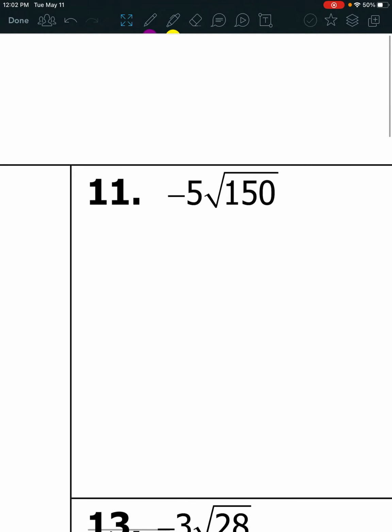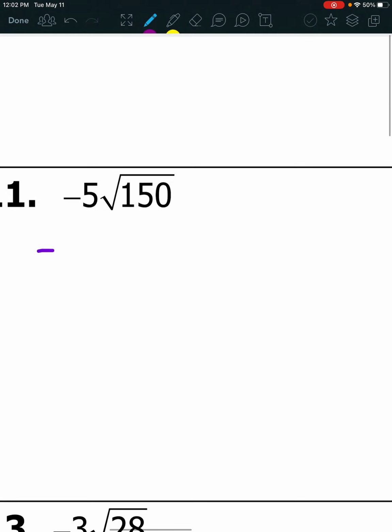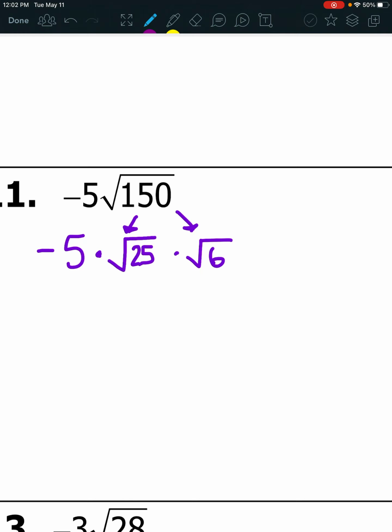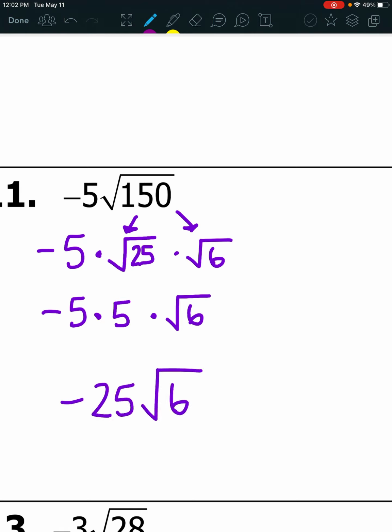So we have -5, and then I'm going to break down square root of 150 into, let's see, 25 and 6. And then that way the square root of 25 is 5. So we'll do negative 5 times 5. And then we still have that radical 6. So we get negative 25 times the square root of 6.